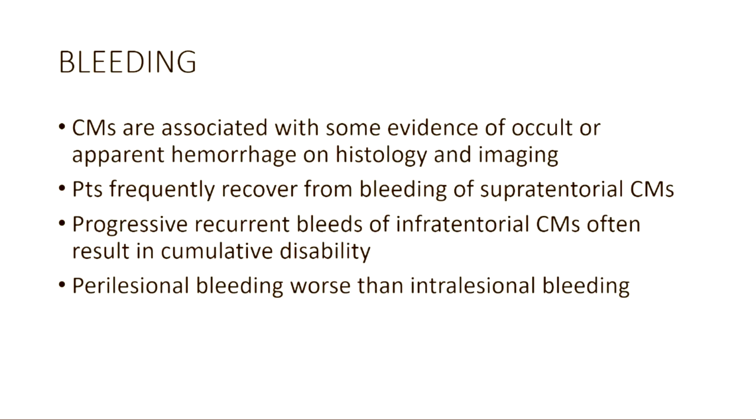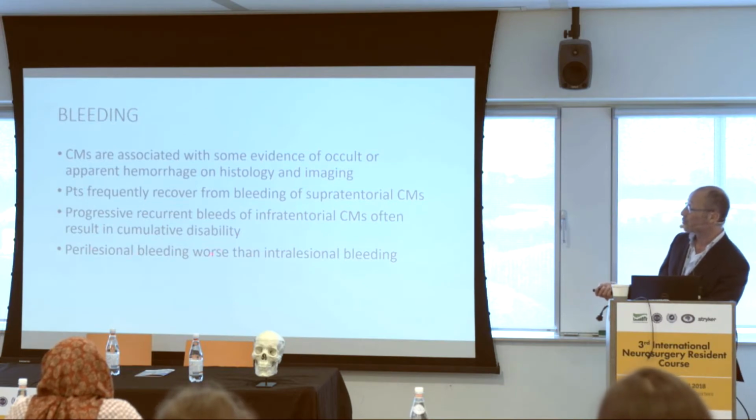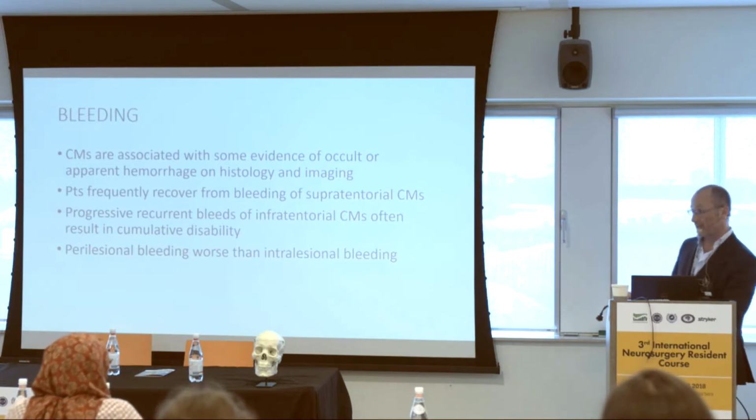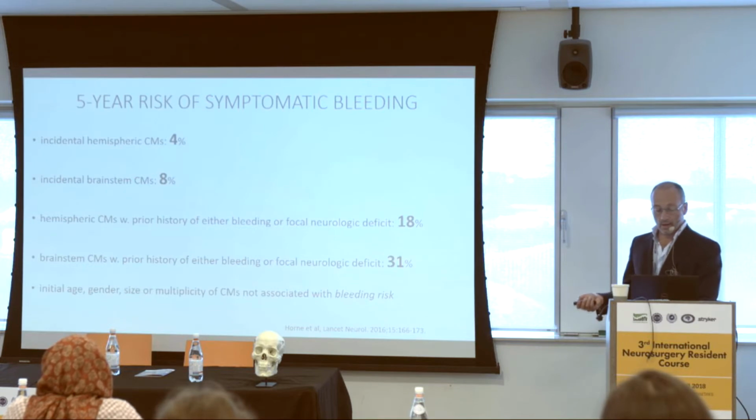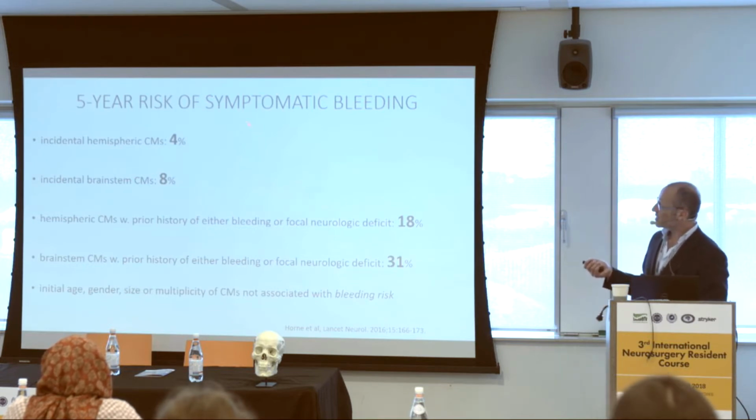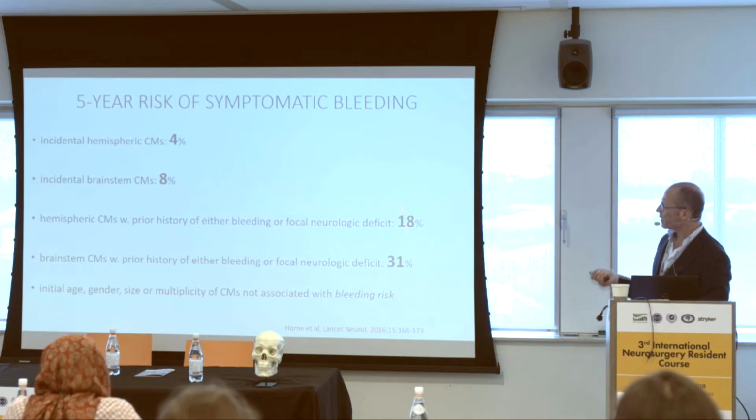The 5-year risk of symptomatic bleeding has recently been quantified. An incidental hemispheric malformation has a 4% 5-year risk that doubles for an incidental brainstem lesion. This risk goes up for hemispheric malformation with a prior history of bleeding or neurological deficit.